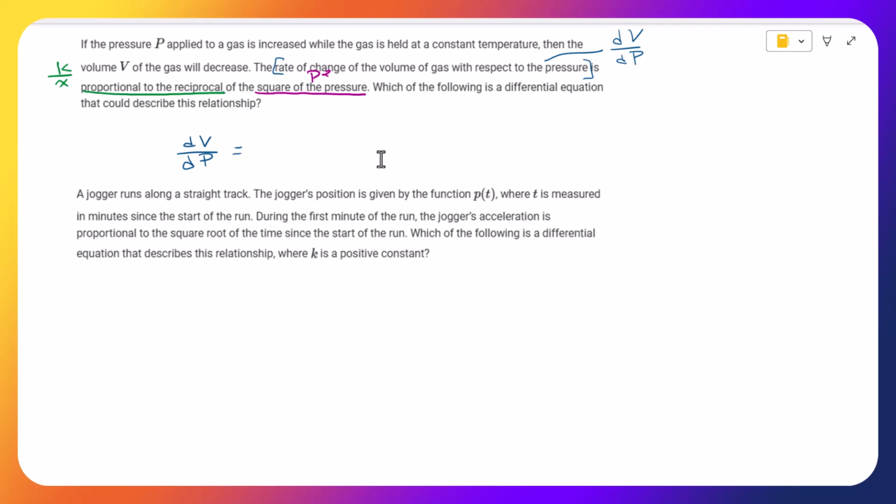This is a new thing here. This is the same as inversely proportional. So this is going to be our k over x. So we get k over, and what is our x? It's the square of the pressure. So that's P squared. And we get this differential equation right here.